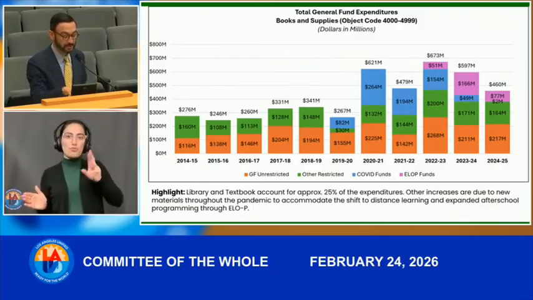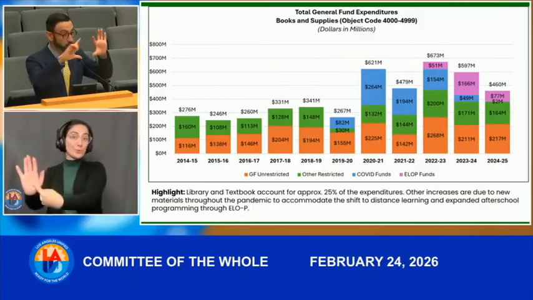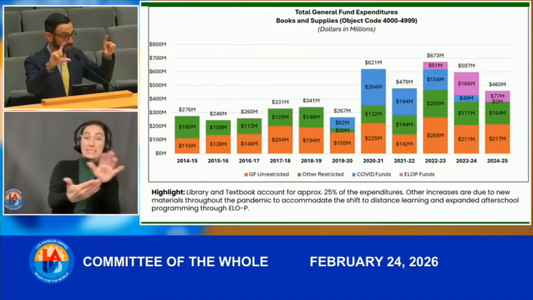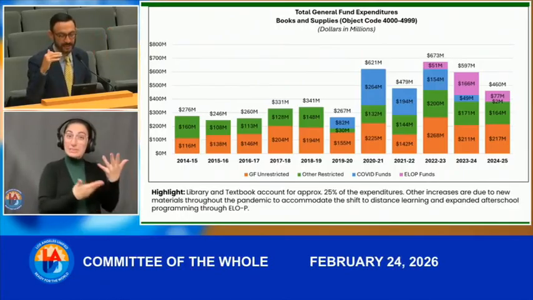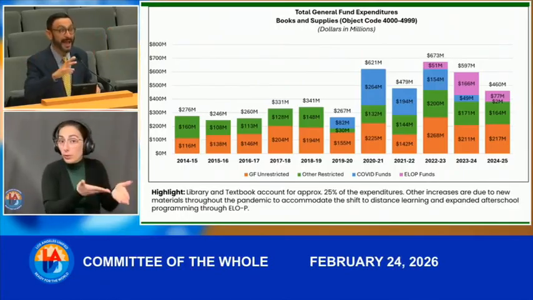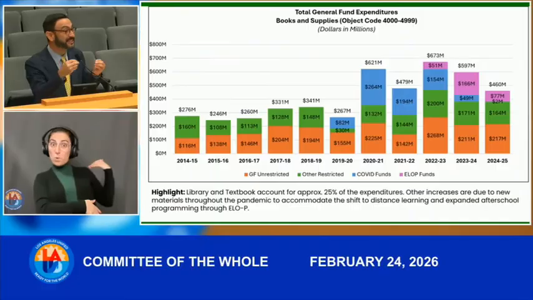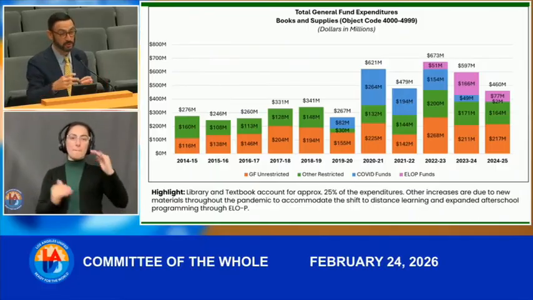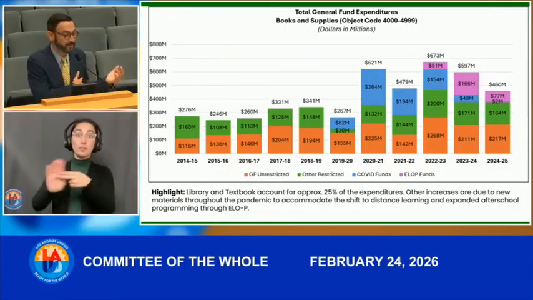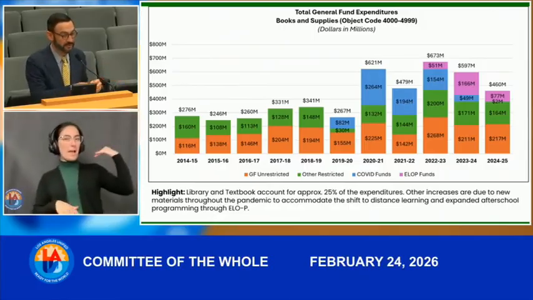Another factor that's relevant is when we look just at the school portion of books and supplies, where we have seen that substantial underspend, those funds in the past were in our assigned balances because they carried over. They weren't unassigned because we knew, based on the past practice, they would be carried over at the school level.